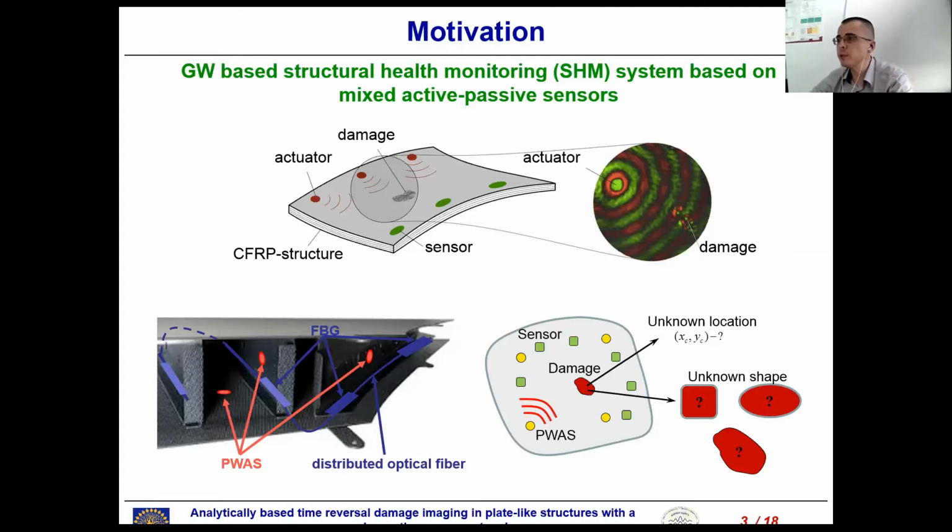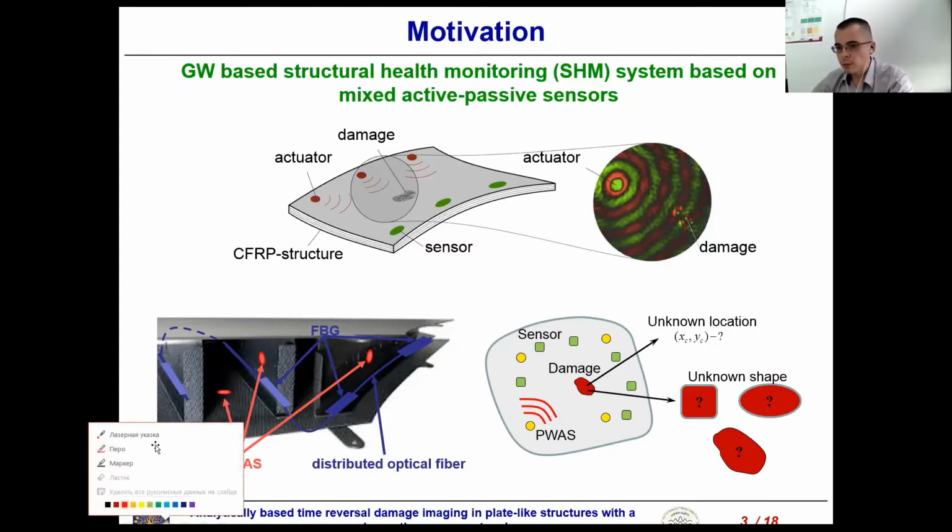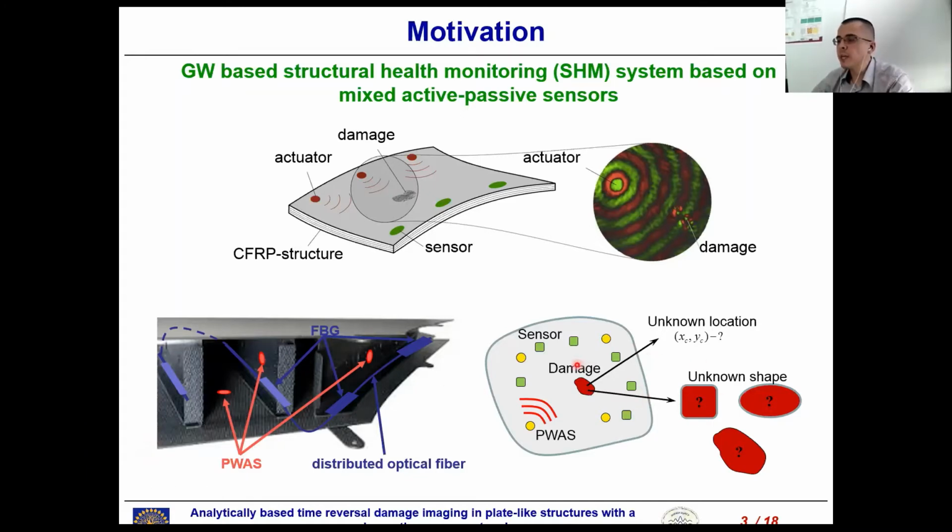And to do this, we should keep in mind that in SHM applications, we have a distributed network of actuators and sensors, and actually that's the only information which we have about the structure, these signals from these sensors or actuators. And we need to use this information just to obtain the location of damage and also its shape and extent.